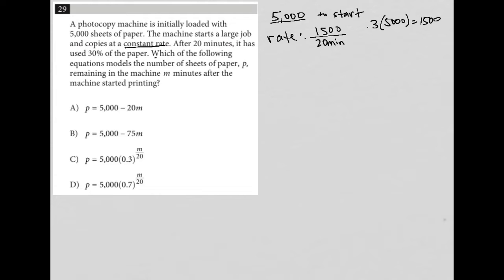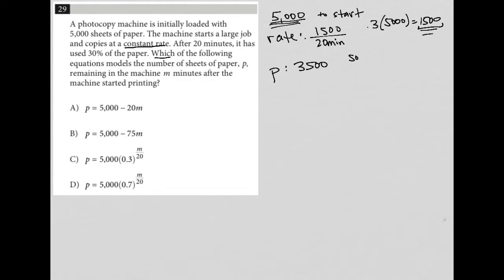So then the question says, which of the following equations models the number of sheets of paper P remaining in the machine? Okay, so we knew that this 1,500 was the number of sheets of paper that were used. So in this scenario, P would equal 3,500, right? Because that's 5,000 minus 1,500.